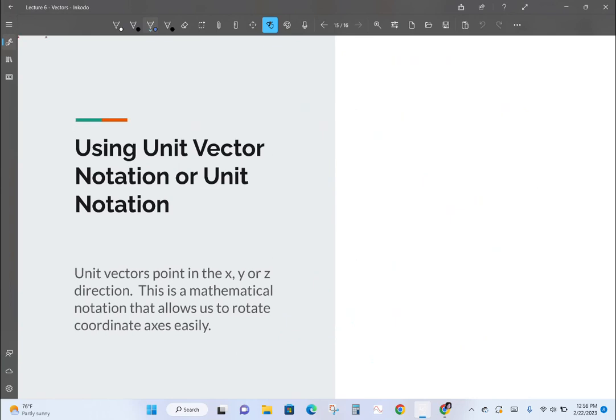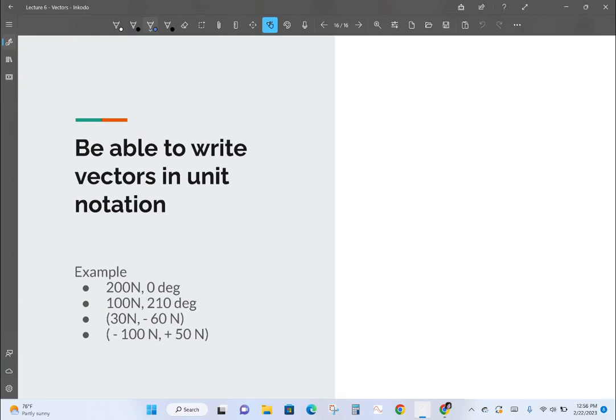Here are a couple examples. Okay, so the first thing I'm going to do is find the x for this. Well, it's 0 degrees, which means it's pointing in the east. So its x is 200 newtons, and its y is 0. So if I write that vector, and I'll just call it vector A, it would just be 200i newtons.